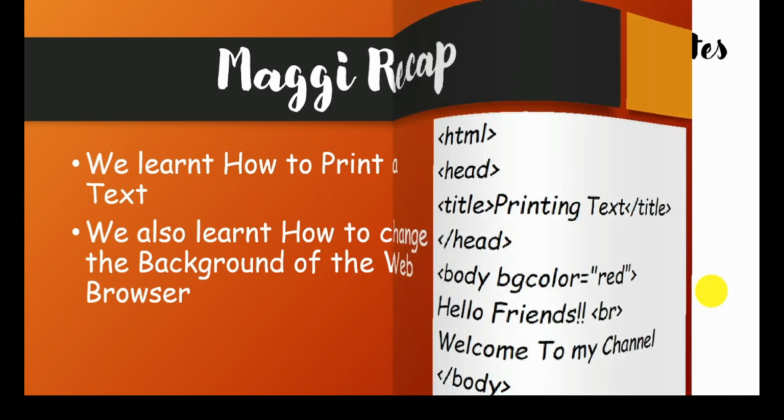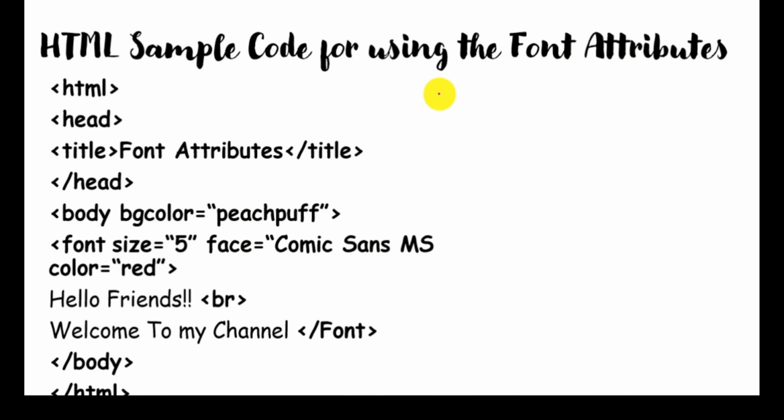So let's start. This is the sample code for using the font attributes. So the font tag is like this. My handwriting is not too good because I'm using the computer to write. So this is the font tag, and size, font face, and font color are its three attributes.